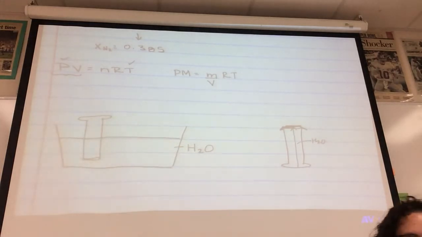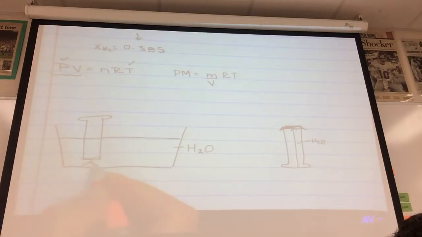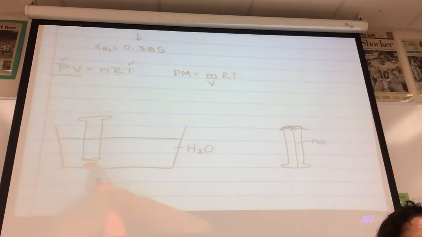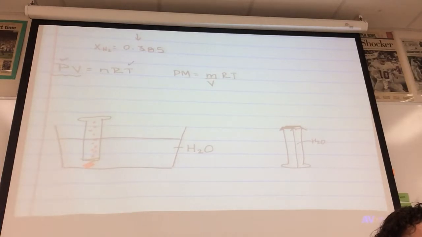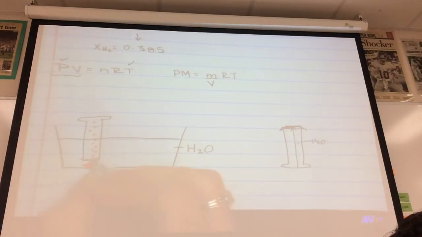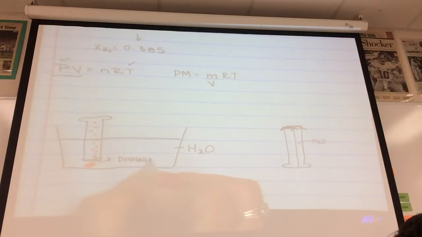Keep in mind it still had water in it. Then, if you take a lighter underneath the mouth of the upside down graduated cylinder and you push down on the trigger, the gas particles would go up into the graduated cylinder, displacing some of the water in the graduated cylinder.